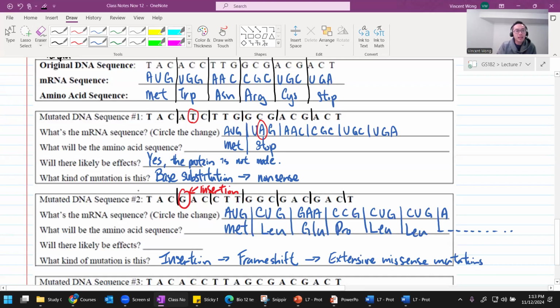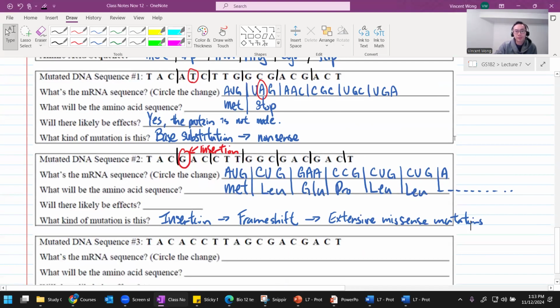Will there likely be effects? What do you guys think? Yes or no? Yeah, that's right. I agree. Yes, effects. Because the sequence is completely different.